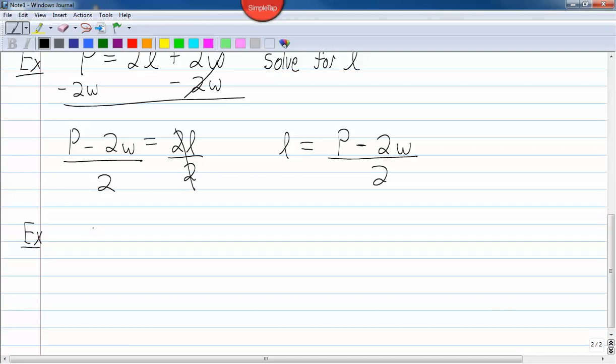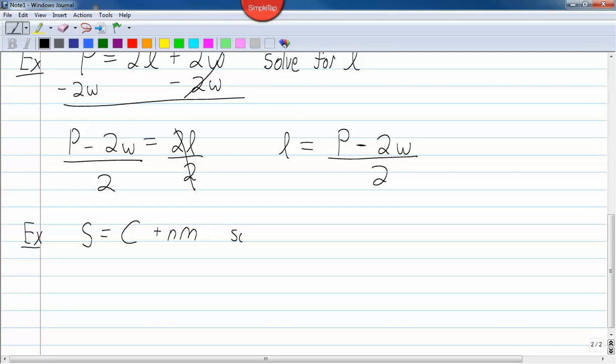Alright, try this one. Let's say I had S equals C plus N times M. And you don't even have to know what these formulas mean.